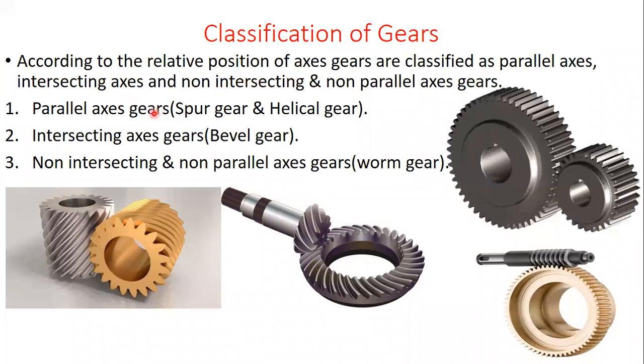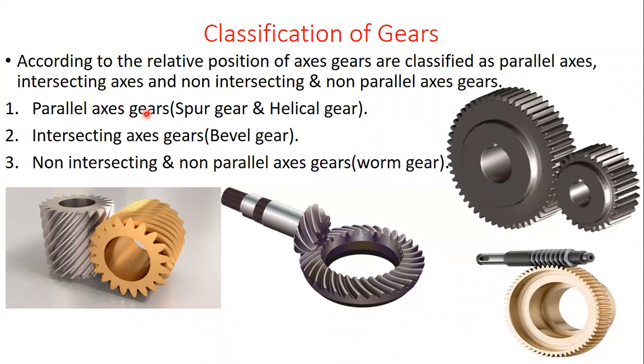Which types of gears are we going to call a parallel axis gear? The examples for parallel axis gear are spur gear and helical gear.